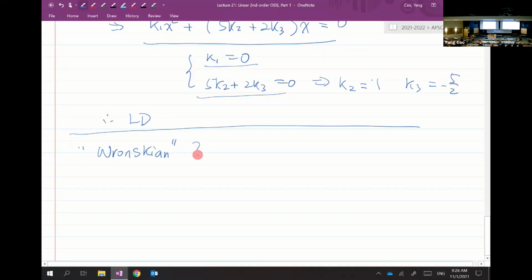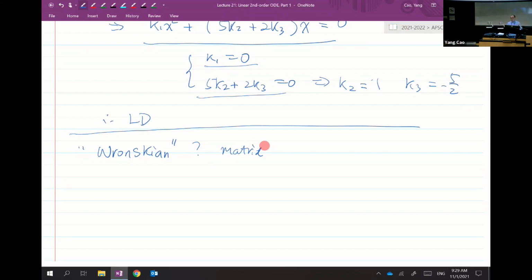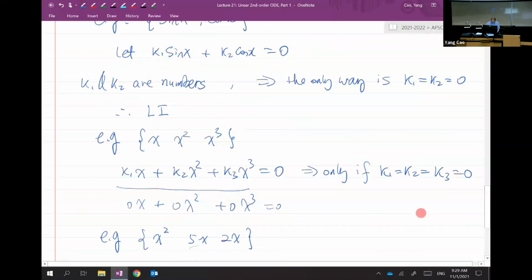The Wronskian is essentially a matrix created based on the set of functions y1 to yn. And that will be a much more formal algebraic way to prove whether a set of functions is linear independent or linear dependent. Good. So this is theorem number 2.